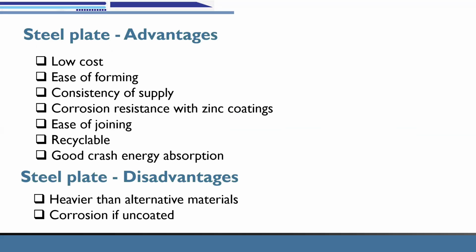It is corrosion prone, but that could be avoided with the help of coatings over the steel panel. The most common coating over the steel panel is zinc coating. They apply the zinc coating to avoid corrosion, so most of the outer panels use zinc coated steel.